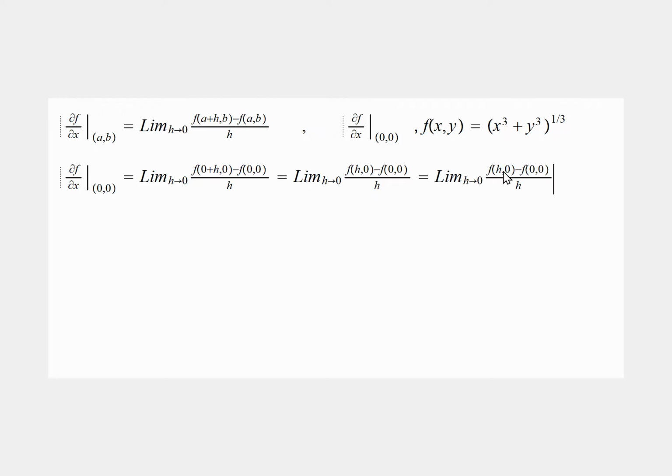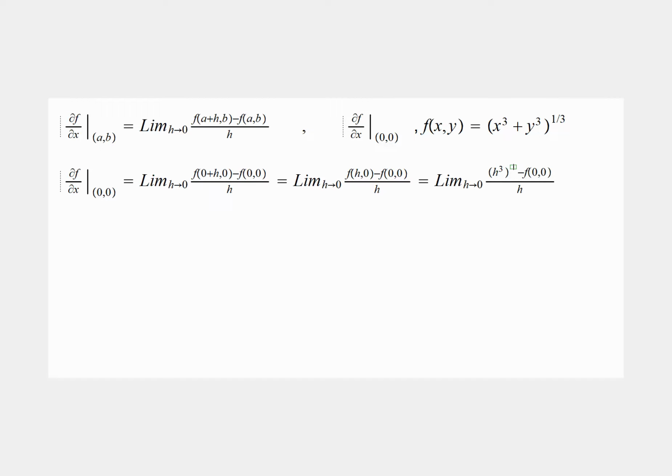So what would f(h, 0) be? You can see h cubed plus 0 cubed will simply become h cubed inside the parentheses, and then the exponent would be 1/3. And f(0, 0) is simply 0. Let's write that on a different line.